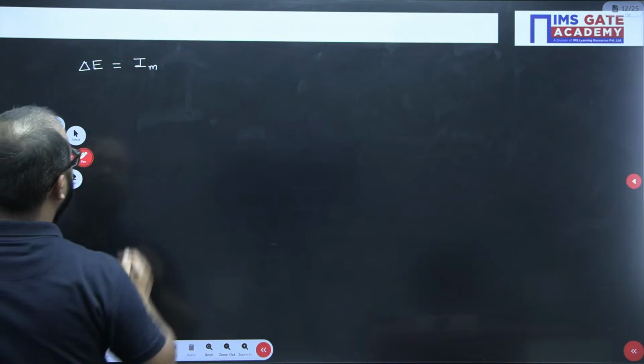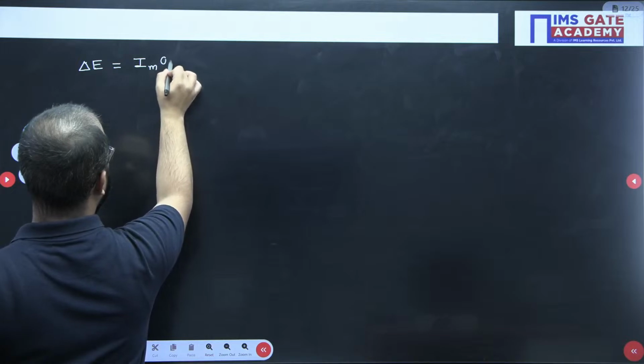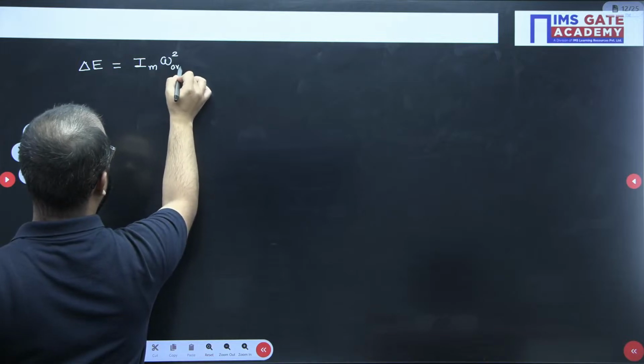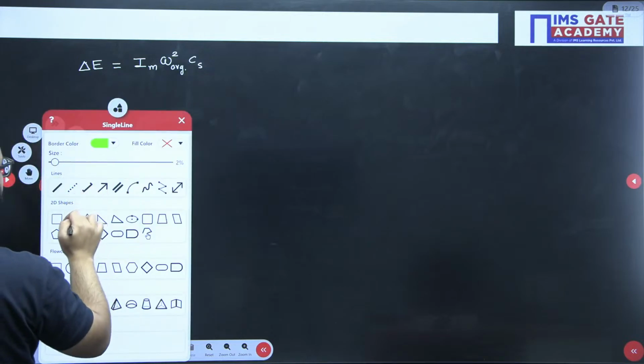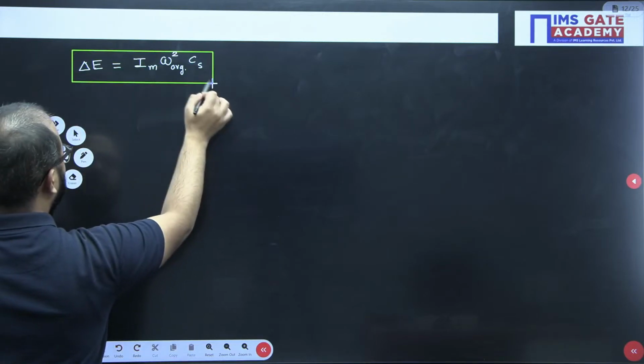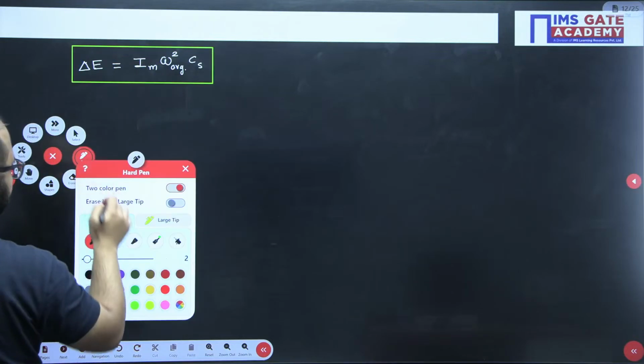So you should write delta E equals Im omega square CS. This is the formula we will be having. Finally we got the formula here.